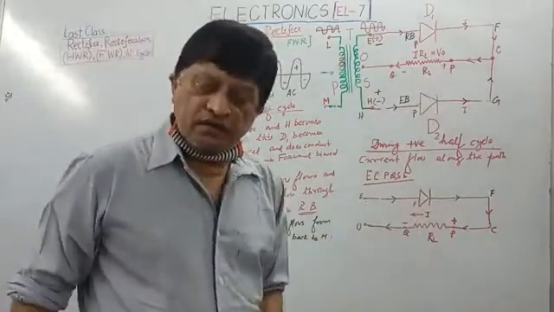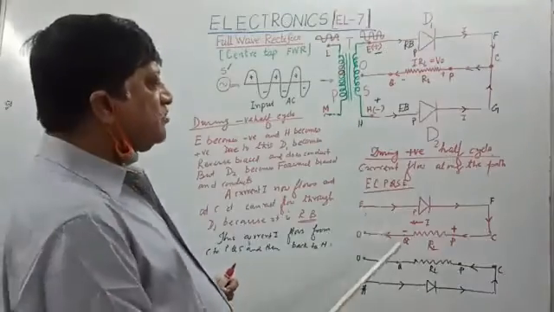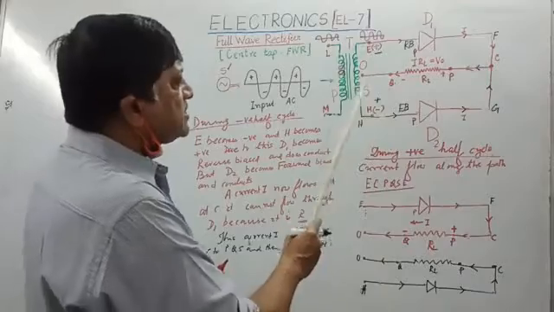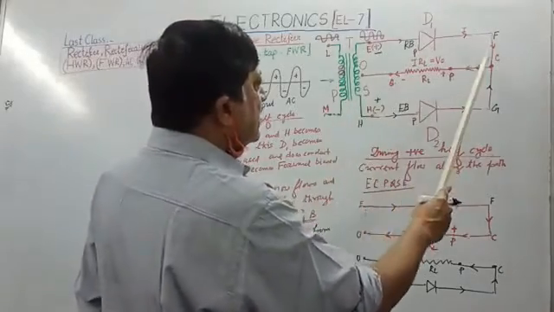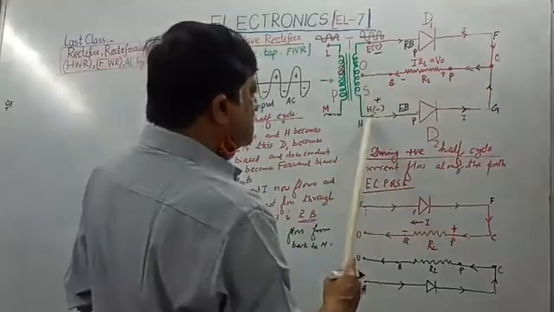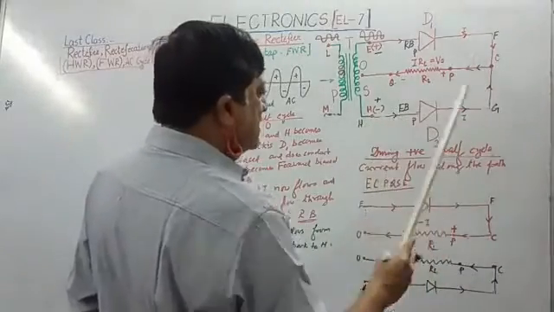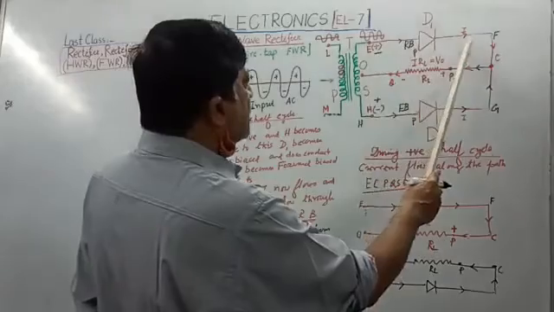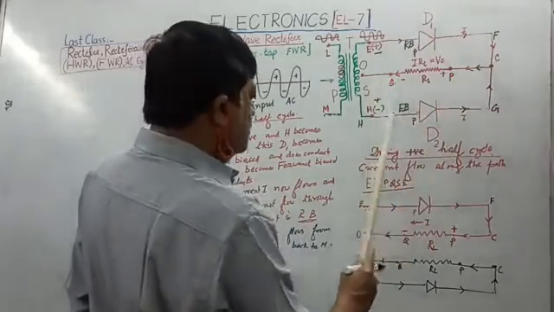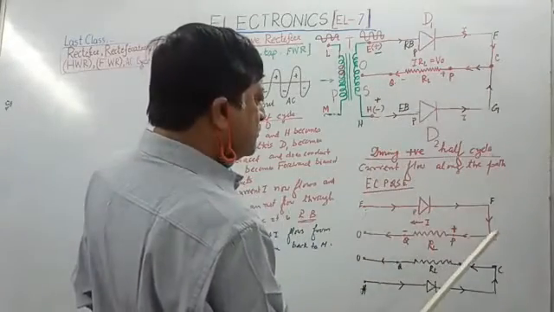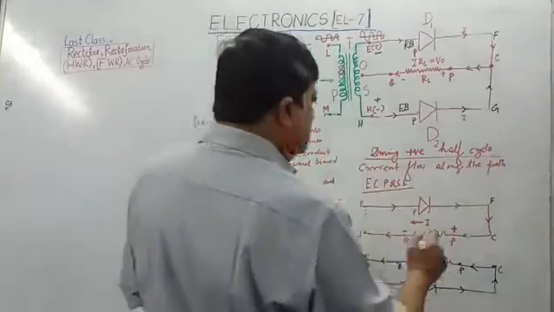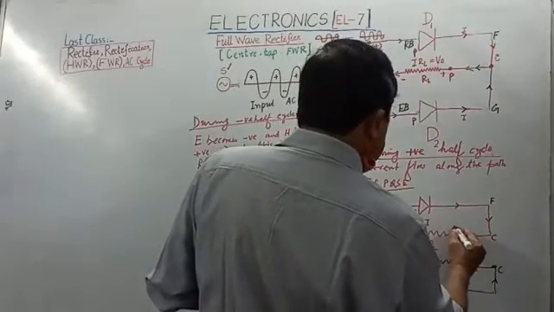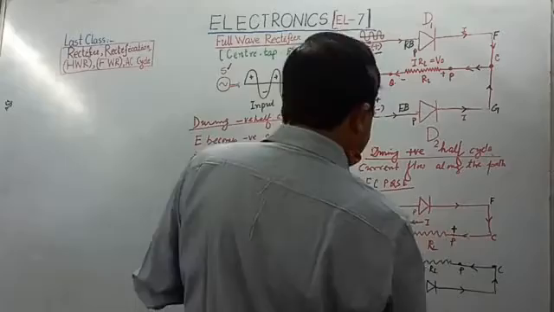Okay, you see first case the current is flowing along this path, second case the current is flowing along this path. Separately I have shown you the path. This is E to F, F to C, C to O, and this point is positive and this is negative.